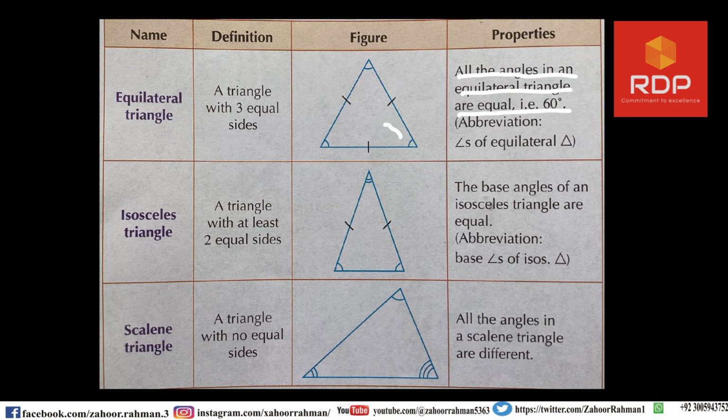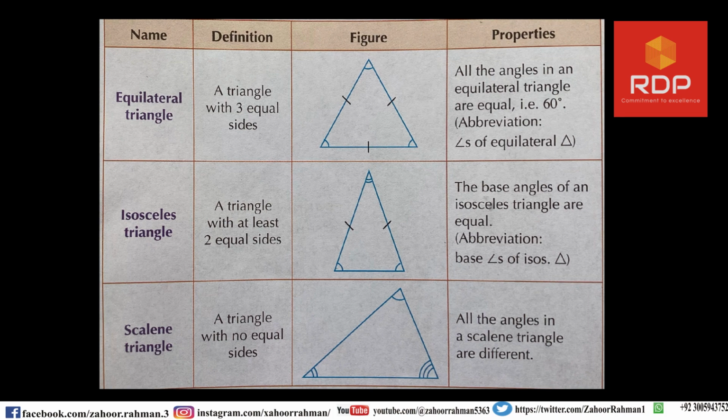Keep this in mind. We will come to a very important conclusion later on, and that is the sum of the interior angles of a triangle is equal to 180 degrees. So in this case, 60 plus 60 plus 60 will be equal to 180.